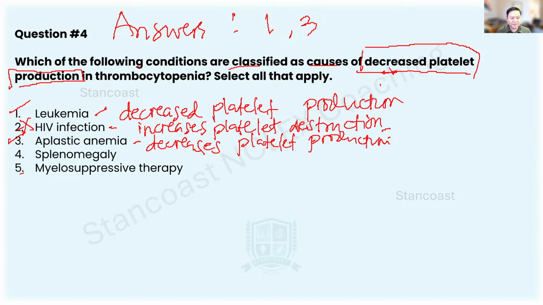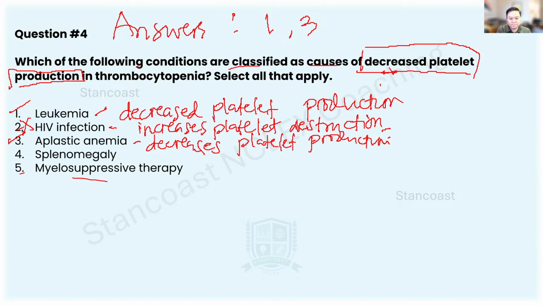We have the number 5, myelosuppressive therapy. What is the effect of the myelosuppression? What do you think about the myelosuppression? This is going to reduce the platelet production. Okay?